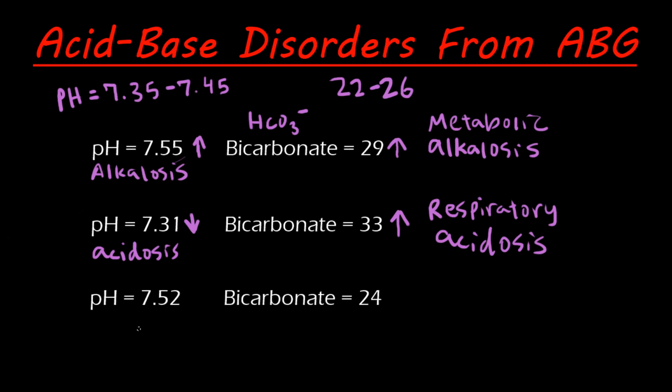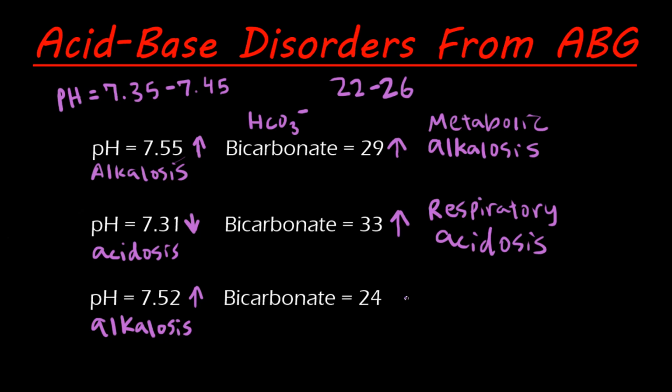Okay, and to our final example, we have a pH of 7.52. This is above our range, so this is alkalosis. Remember, once again, above is alkalosis, below is acidosis. Let's figure out if we're dealing with metabolic or respiratory. Bicarb 24 is within the normal value, so we're not below or above, and that's okay.